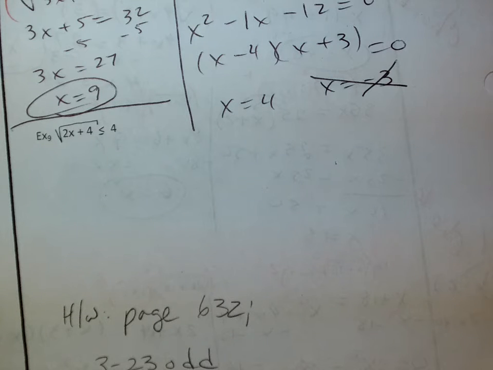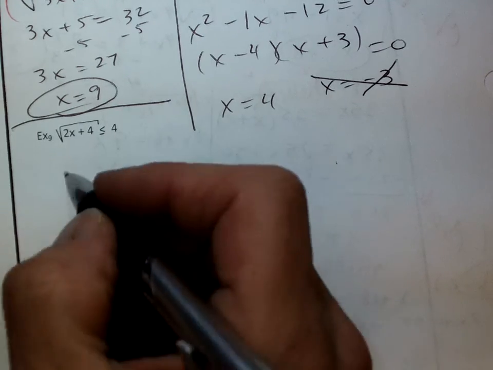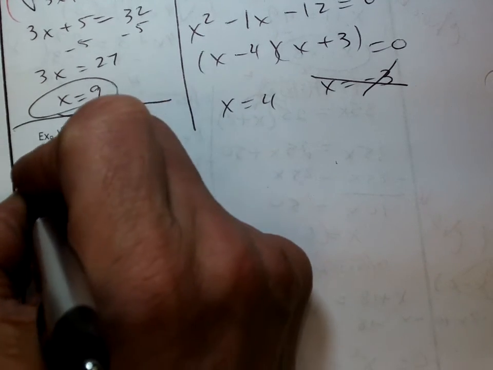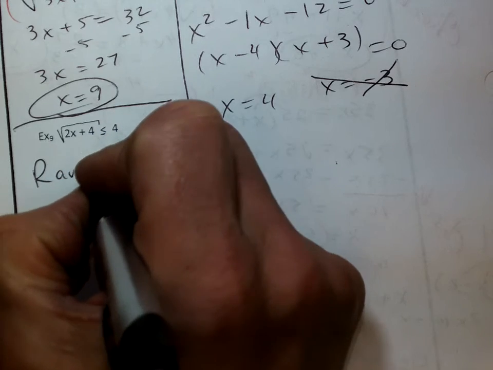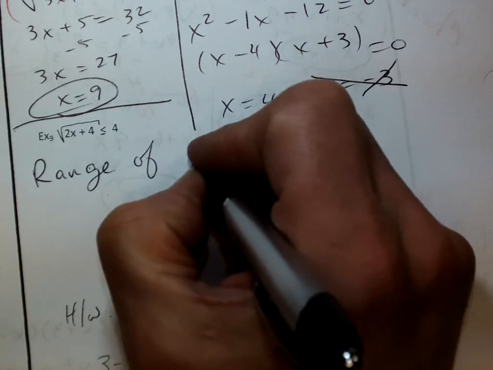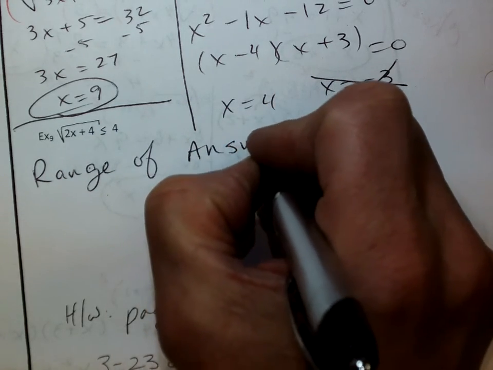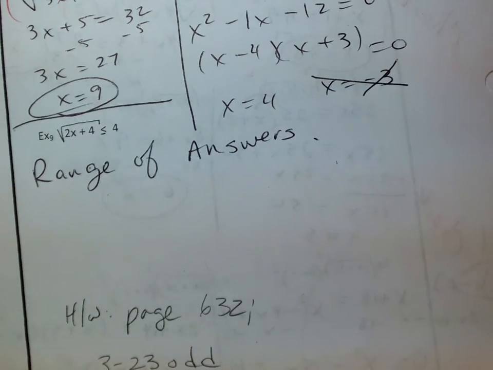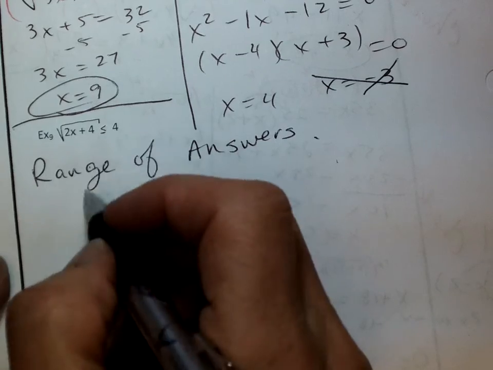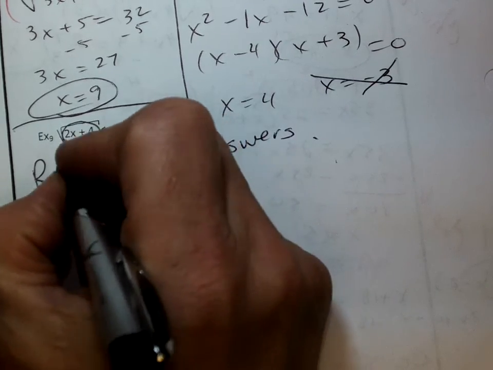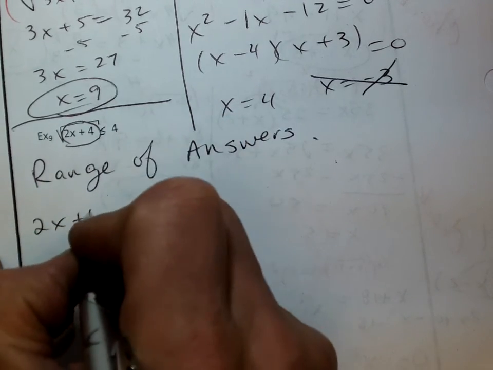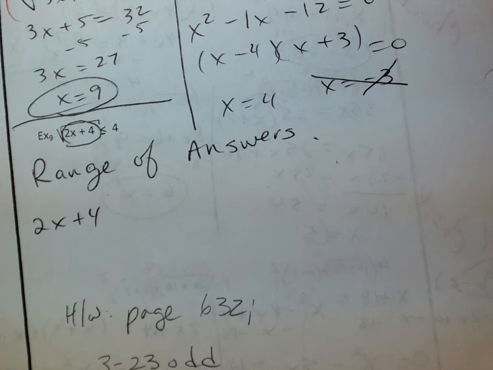Since there's a range of values, this is where it gets a little tricky. There's a spread. There's certain numbers that work and certain numbers that won't. So the first thing I do is take my 2x plus 4, that's what's inside the square root.